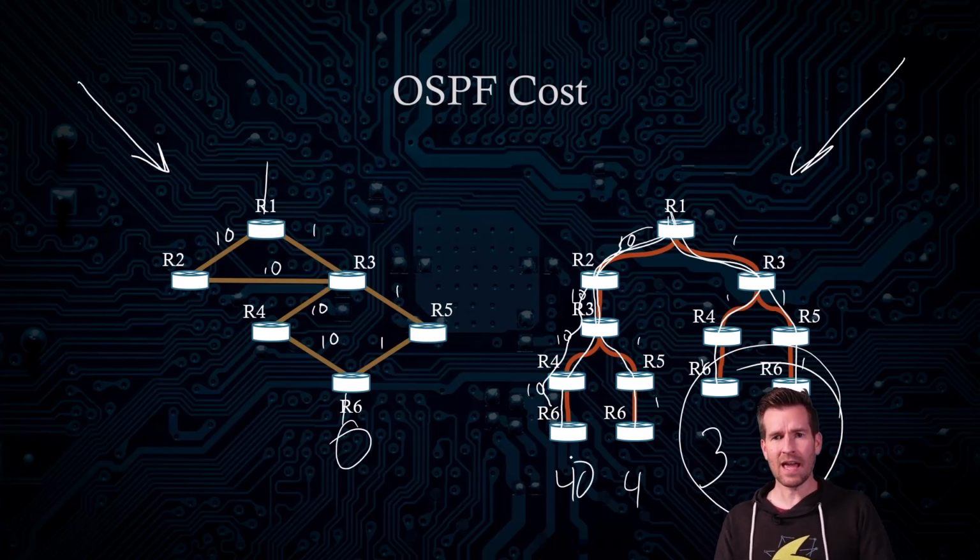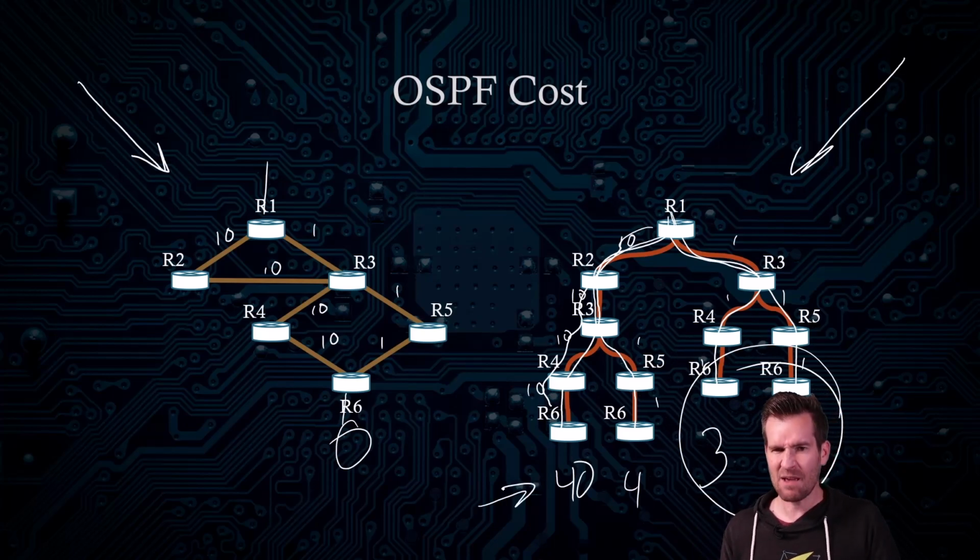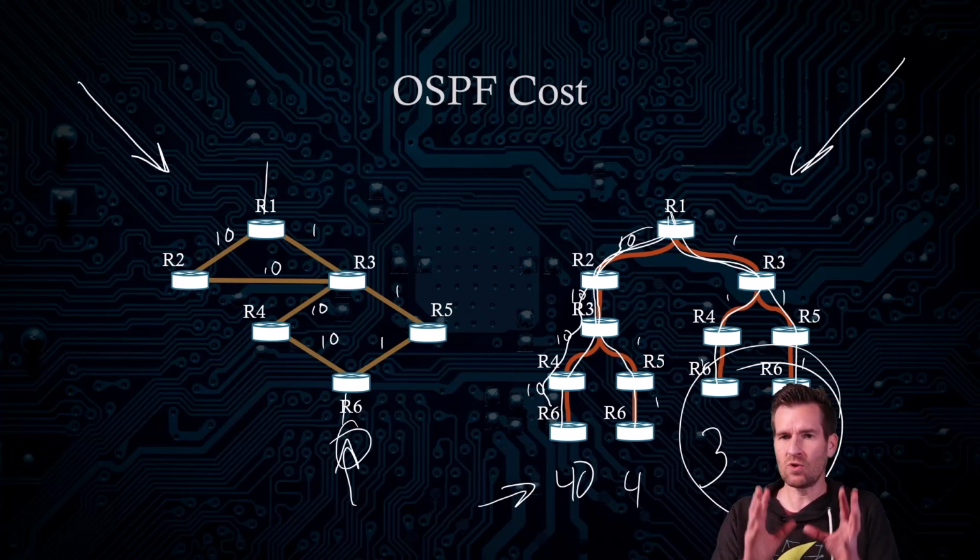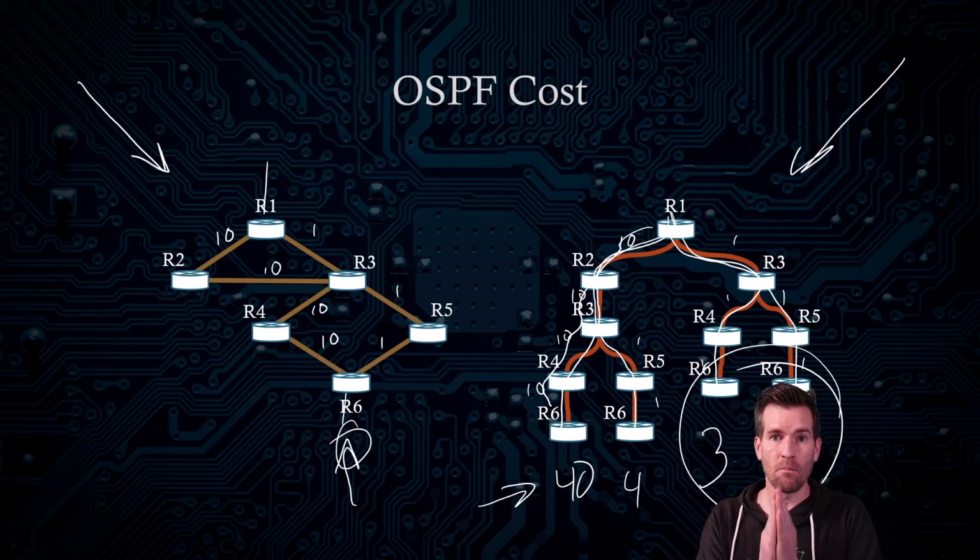So now we have a different calculation, and this ends up being a bigger number, which is actually a faster route now because of the higher bandwidth. It's a faster route to this end network. So somehow we need to do something with these numbers to make them more accurate.